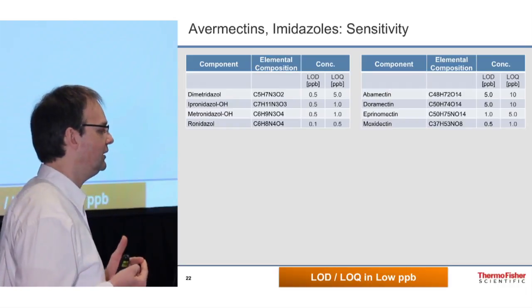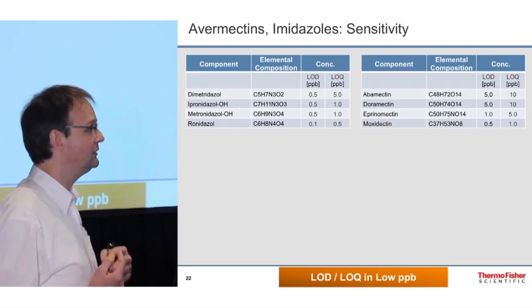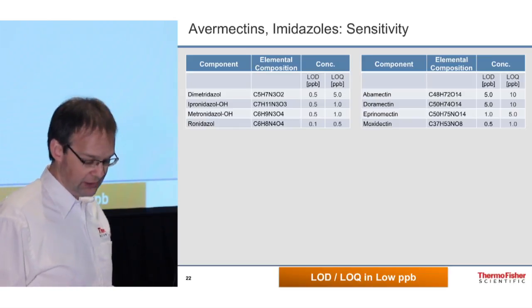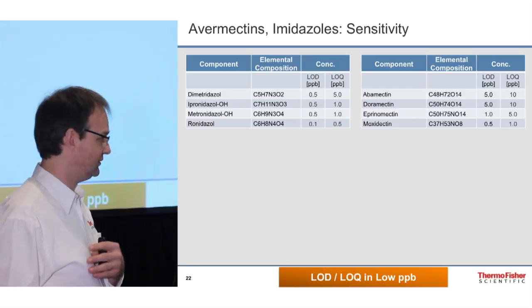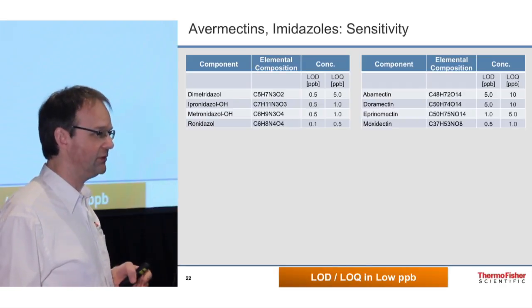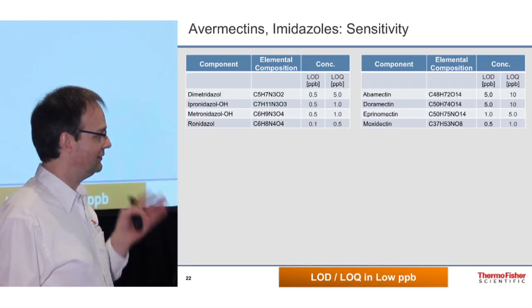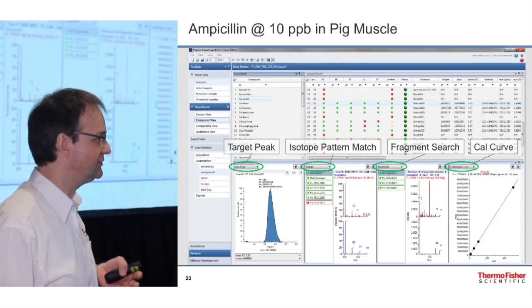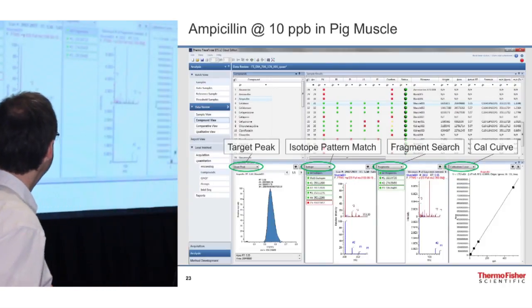And this is one of the methods you will get together with the library on the system when you buy it. And so this is really just put the samples onto the auto sampler, go away, let the system do the work, and come back and find it ready to be processed in TraceFinder software, which can look like that.